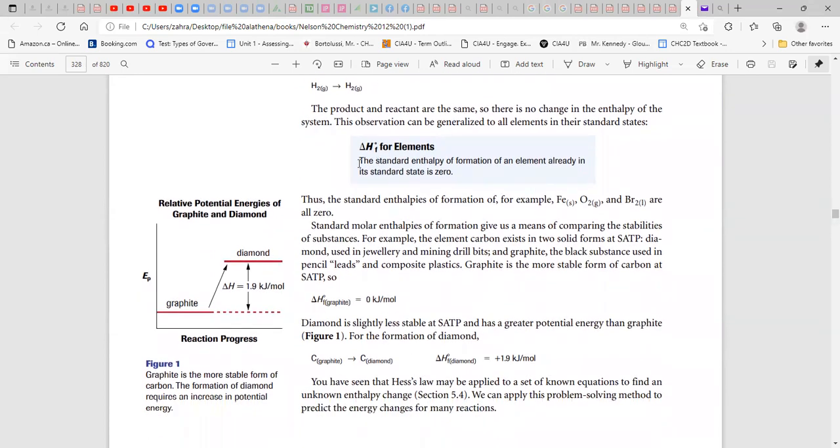Here, the standard enthalpy of formation of an element already in its standard state is 0. Just make sure: for example, graphite versus diamond, you have an enthalpy of formation, but it's not going to be the same thing. It will be 2 different things.